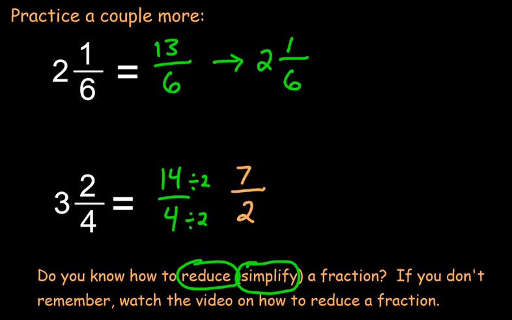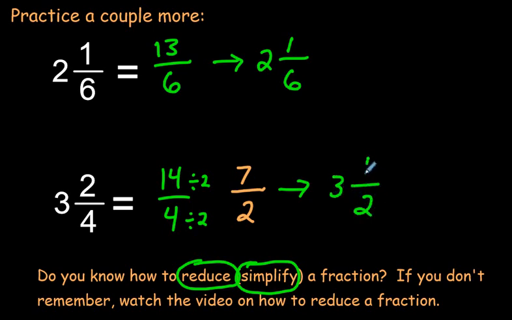But let's see what happens if we wanted to change this back into a mixed number to get 3 and 2/4. Would it work? Well, let's try something here. 2 would go into 7 how many times? 2 times 3 is 6.